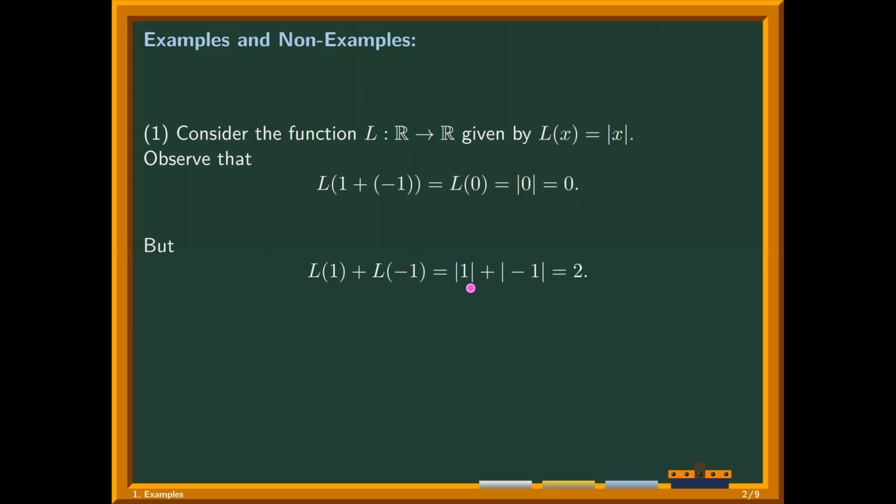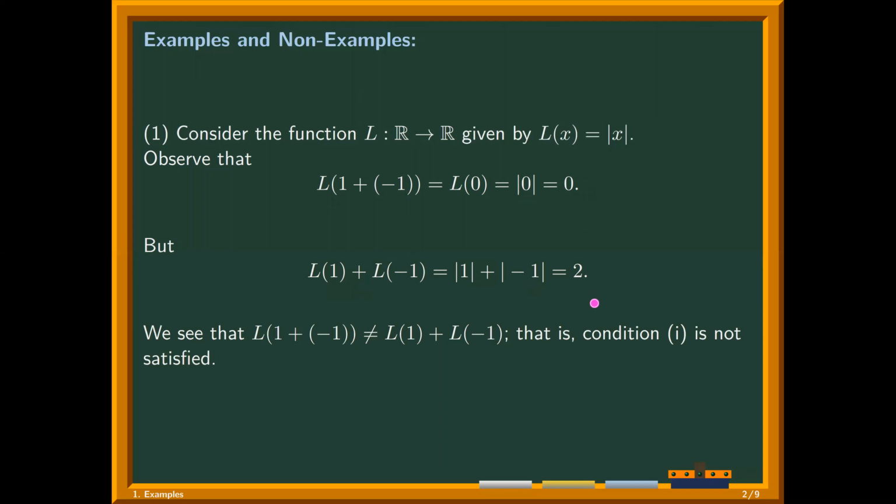L of 1 is the absolute value of 1. L of -1 is the absolute value of -1. The sum is equal to 1 plus 1, or 2. So these two are different. In other words, the first condition will never be satisfied for this function L. So L does not respect vector addition. So this shows that L is not a linear transformation.